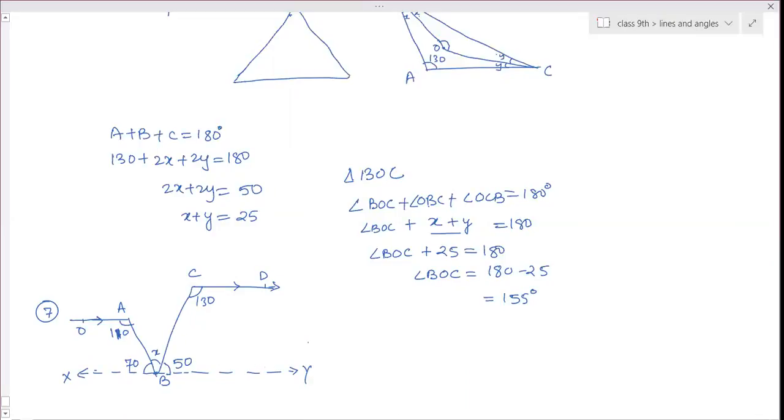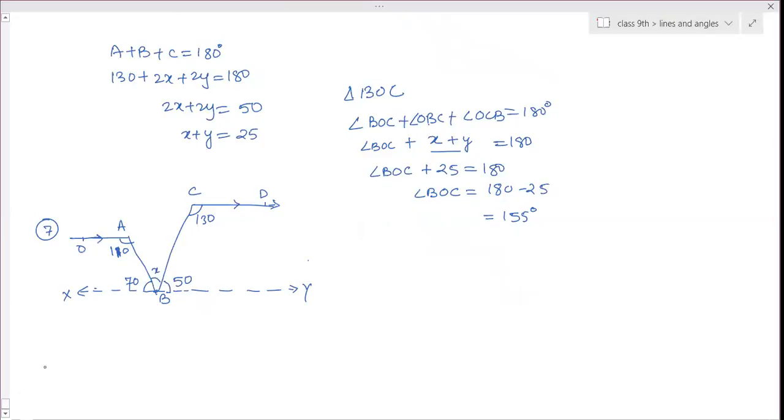We have to add angles on a straight line. 70 plus x plus 50 is equal to 180. Then 120 plus x is equal to 180. x is equal to 60. Yes. Right, Ganesh.